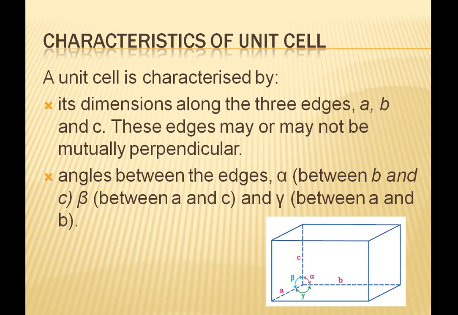Unit cell is characterized by its three dimensions along the three edges, represented by a, b, and c, which may or may not be mutually perpendicular, and with the angles in between those edges represented by alpha, beta, and gamma.